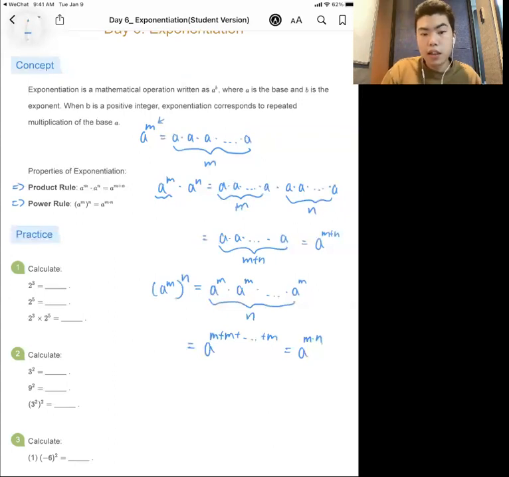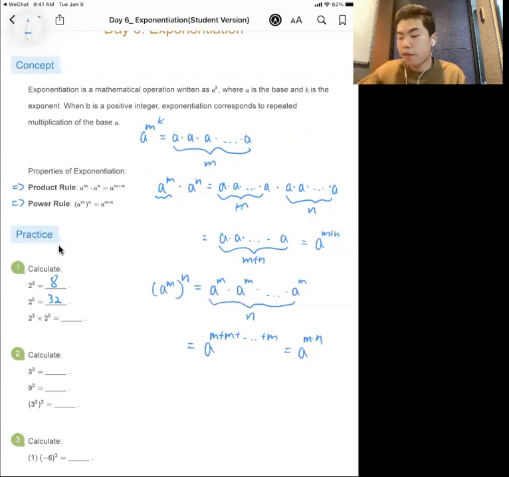For the first question, let's first calculate 2 to the power of 3. We know it's just 2 times 2 times 2, which equals 8. Then 2 to the power of 5 is 2 multiplied by the 8 and then multiplied by another 2, so the result is 32. What is the product of 2 to the power of 3 and 2 to the power of 5?